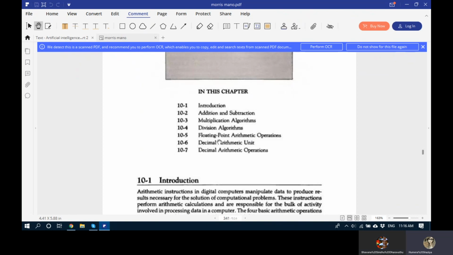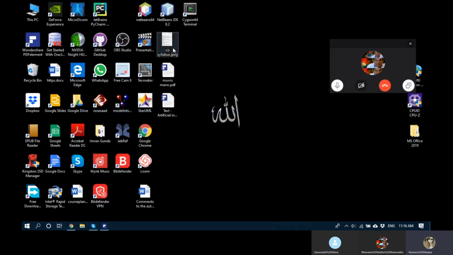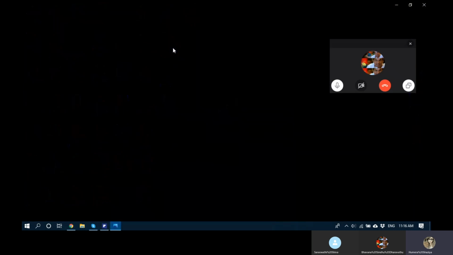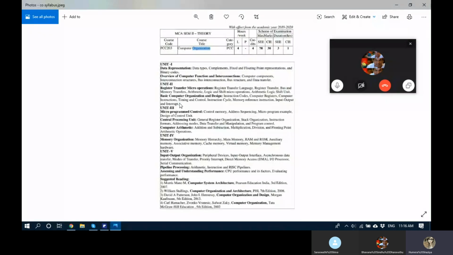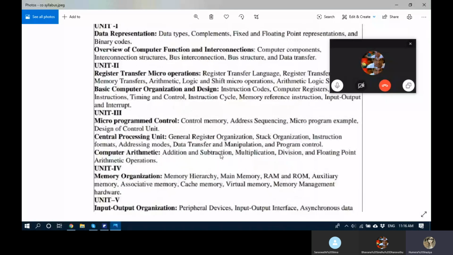Only up to floating point arithmetic operation is in the syllabus. We'll check in the syllabus. So today we will try to complete addition and subtraction.